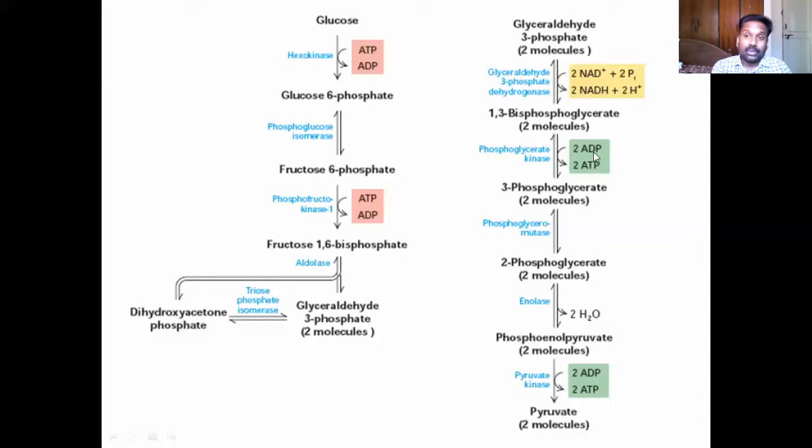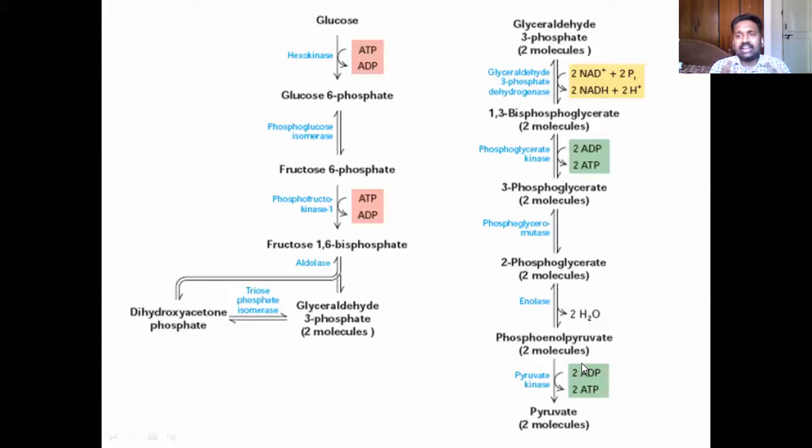But you have to multiply by 2 because 2 molecules of glyceraldehyde 3-phosphate are produced at the end of the preparatory phase. And both the molecules are getting further oxidized. Therefore, everything from this step onward should be multiplied by 2. Anyways, so 2 ATPs here as well as 2 ATPs here in the phosphoenol pyruvate to pyruvate substrate level phosphorylation step. Okay, fine. Now, so totally how many ATPs? 2 plus 2, 4 ATPs.